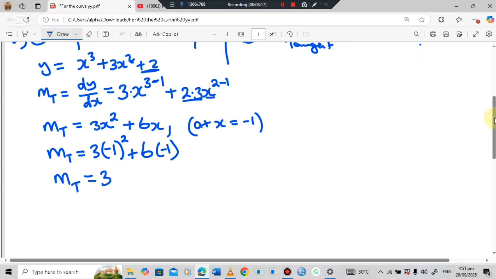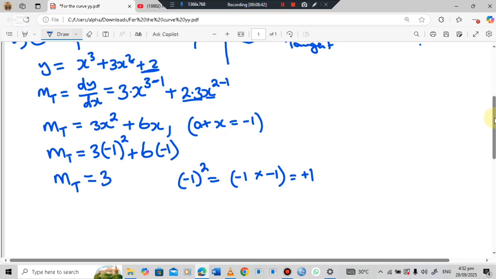Now, look at this. If you have -1 raised to the power 2, this is the same as -1 times -1. In other words, -1 is multiplied by itself 2 times. Negative times negative gives a positive, and 1 times 1 is 1.